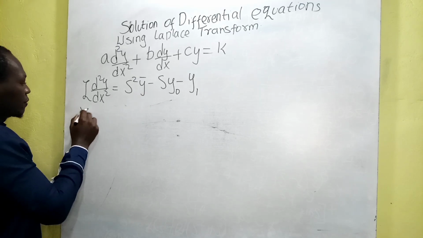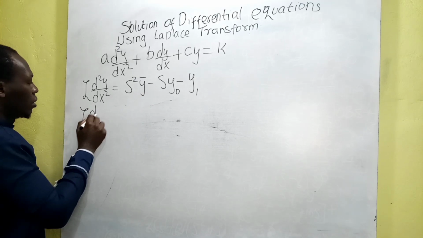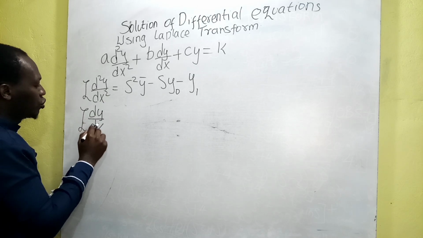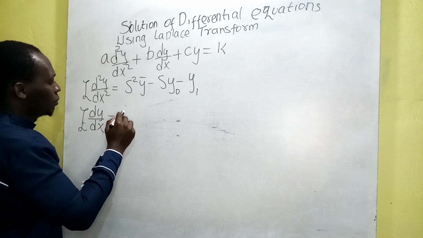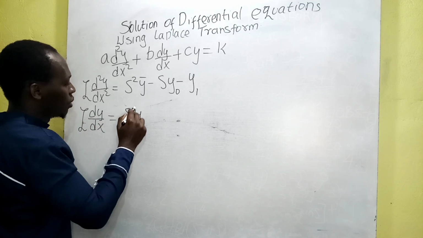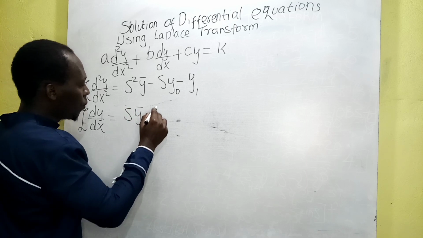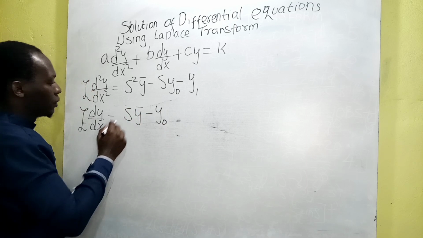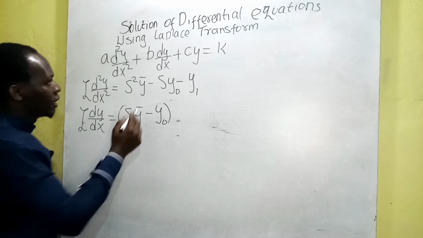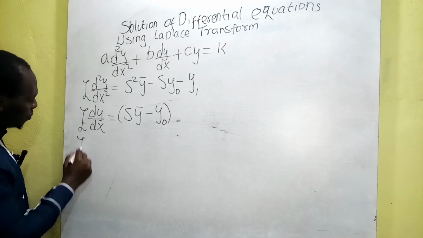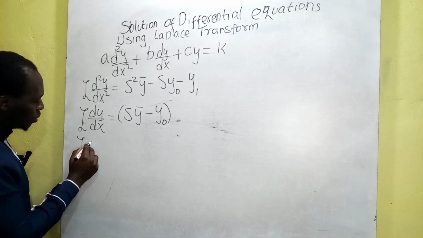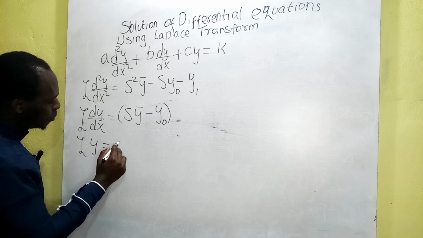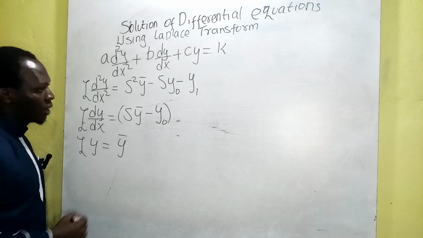The Laplace transform of dy with respect to dx is equal to s y bar, we subtract y naught. And lastly, the Laplace transform of y is equal to y bar.